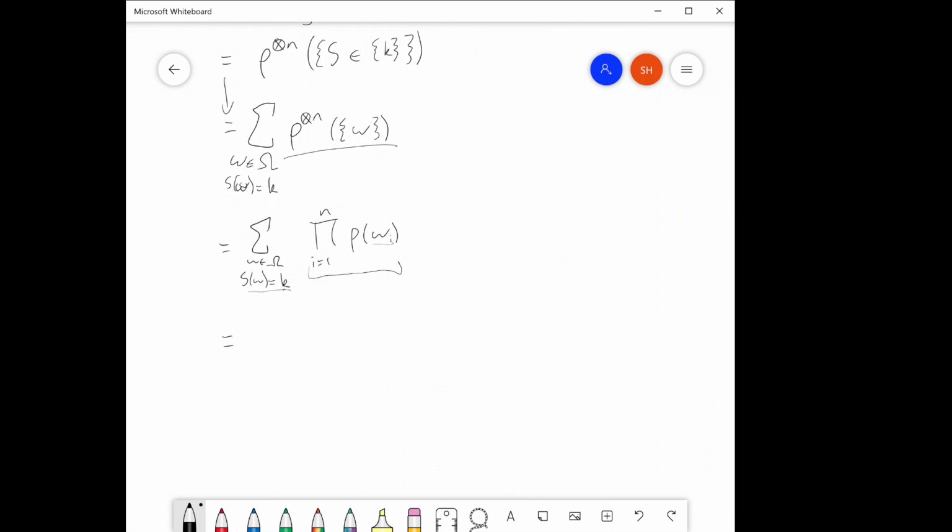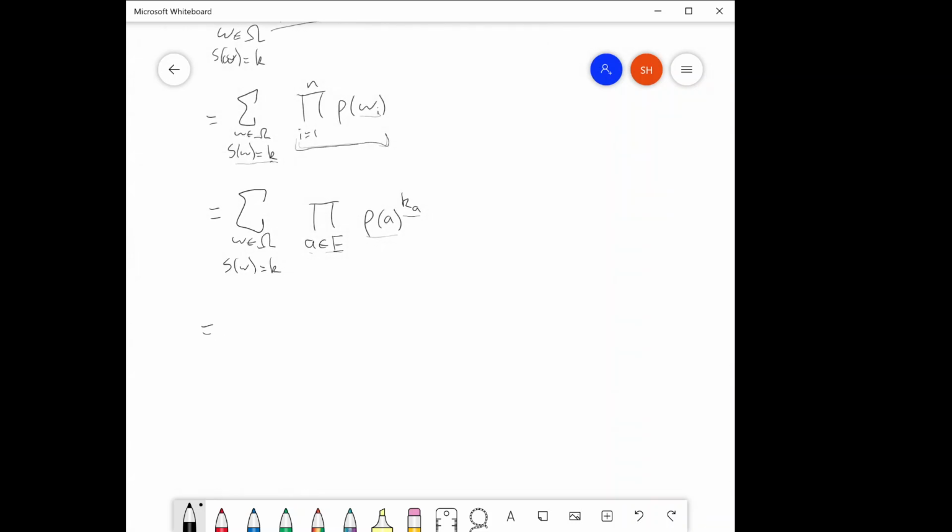So we find that this is the sum over omega in Omega with S of omega equals k of the product over a in E of rho_a to the power of k_a, because there are k_a of color a in here, and then you take the product over all the different a's. This thing doesn't actually depend on omega.